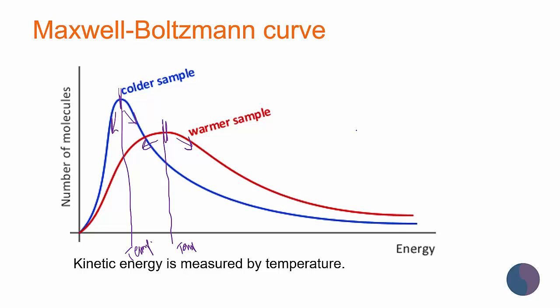And just relating this back to heat, if this is a really tiny sample and this is a really large sample, it may be that this contains more heat, even though it's colder than this one here. And that's in joules. And that one's in Kelvin.